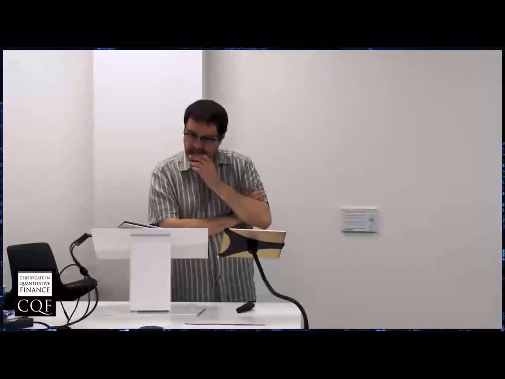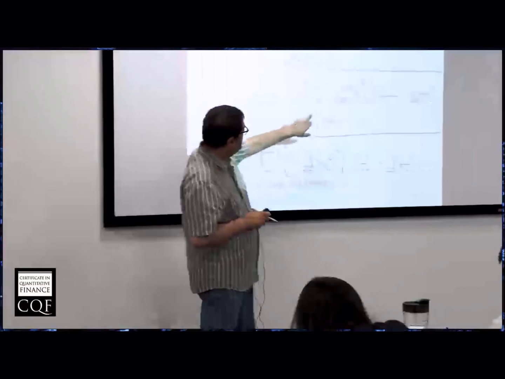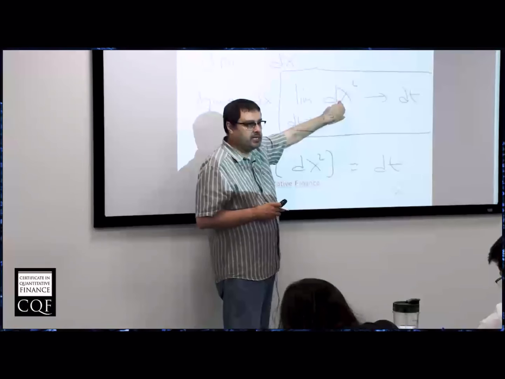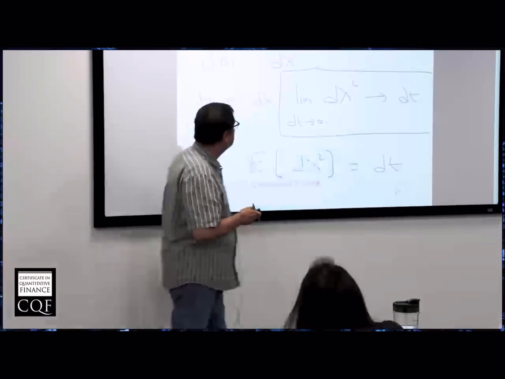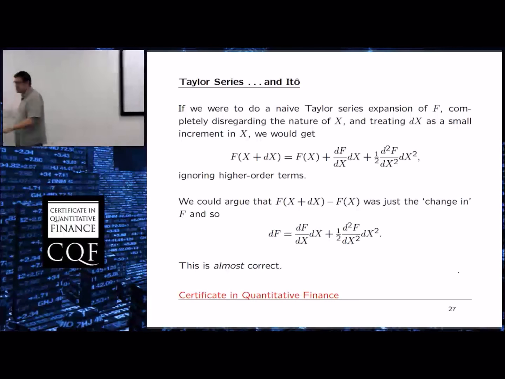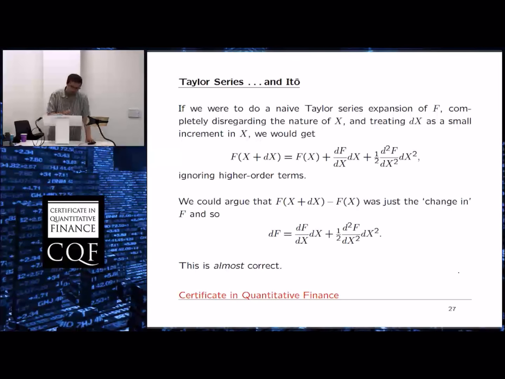So what we're going to do is, we're going to take this result and see what happens when we put this in a Taylor series expansion. Right, Taylor series and Ito. So what we're going to do is we're going to go back to basics and see what that tells us about differentiation. So consider a function.